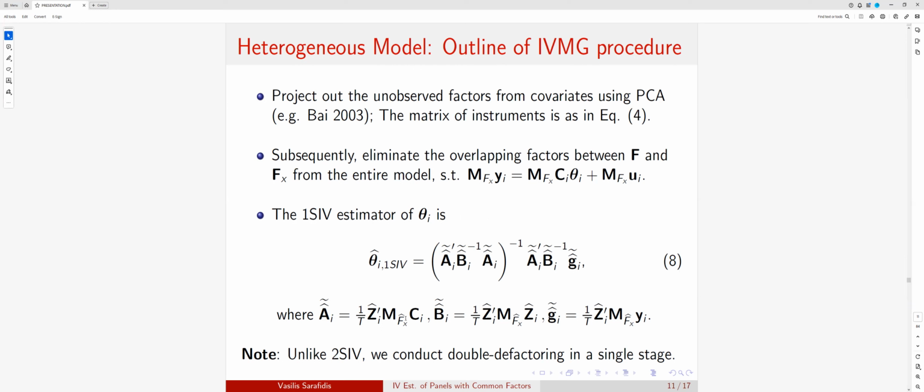This is in order to eliminate factors in y that overlap with those in x. One could also proceed to a second stage and obtain the PC estimator of f itself. However, since the individual specific first stage IV estimator is only square root T consistent, f can be estimated rather inefficiently.